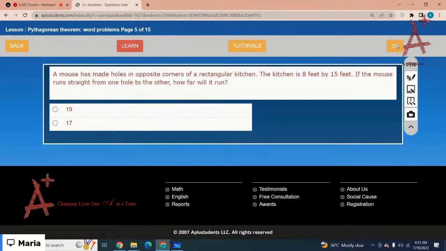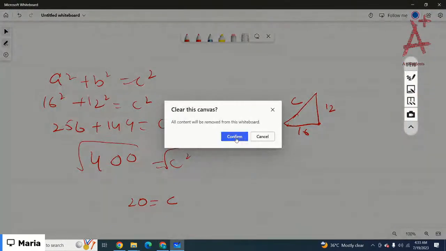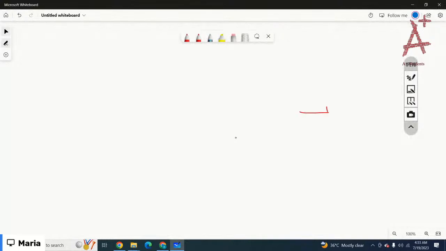A mouse has made holes in opposite corners of a rectangular kitchen. The kitchen is 8 feet by 15 feet. If the mouse runs straight from one hole to another, how far will it run? Okay, the kitchen is 8 by 15. We have to calculate the c.